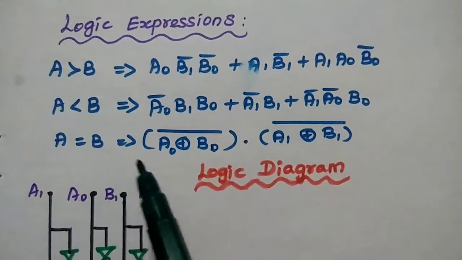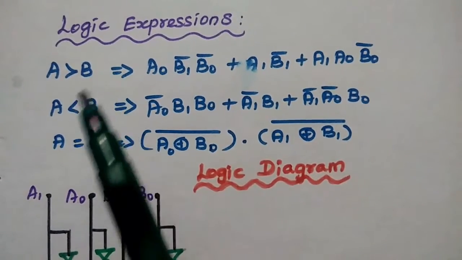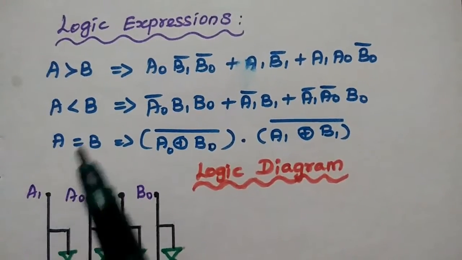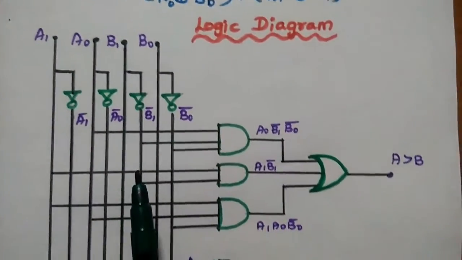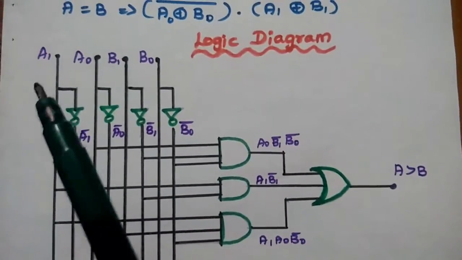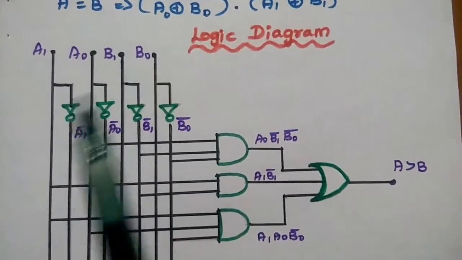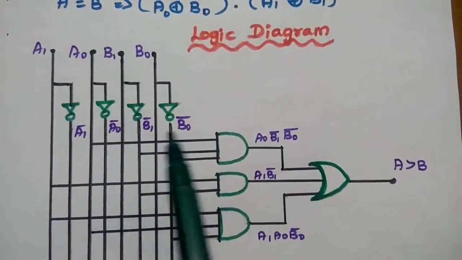Finally, we have obtained the logic expressions for A is greater than B, A is less than B and A is equal to B. So now we can draw the logic diagram like this. So this is the logic diagram. So here A1, A naught, B1, B naught, we are having the respective complement of each term. Okay.